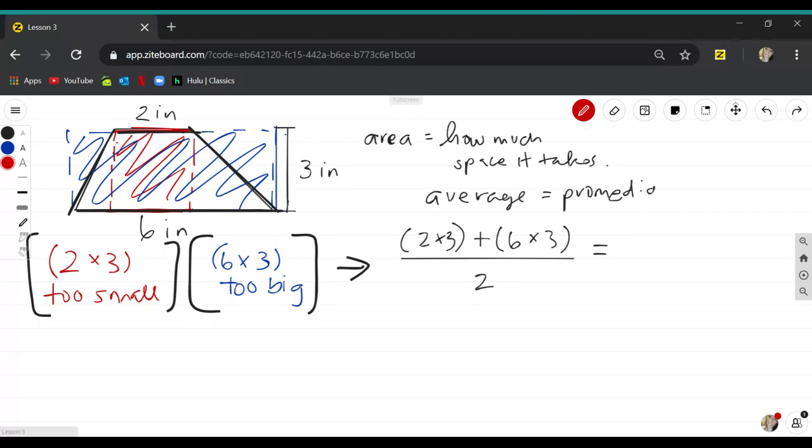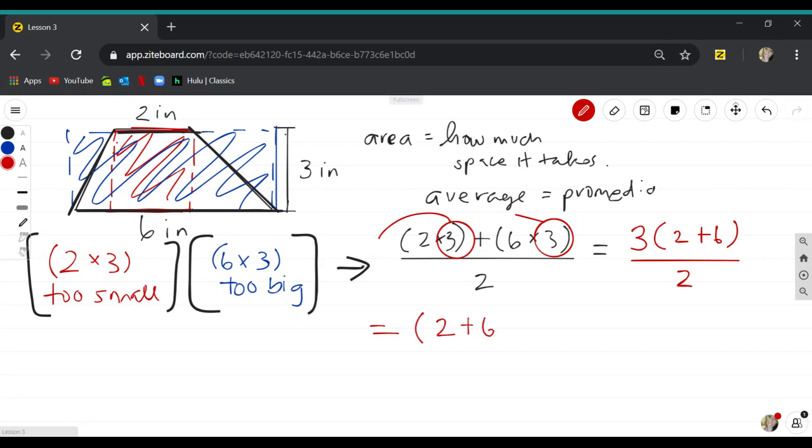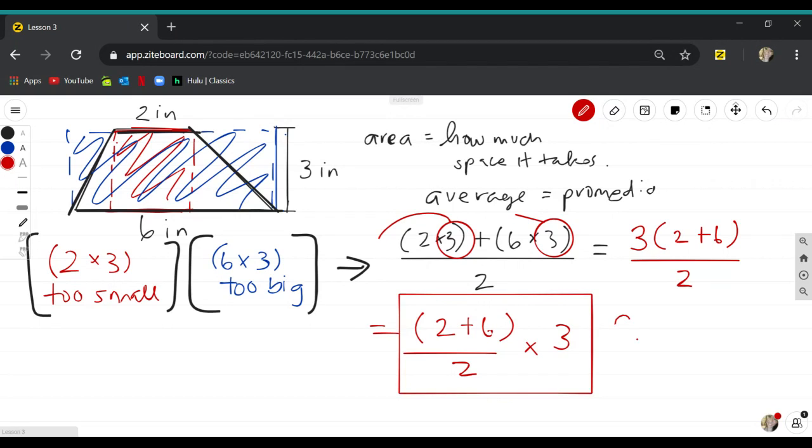This would be 3 times 2 plus 6 over 2. Well, then that means it's 2 plus 6 over 2 times 3. And that right here is how you find the area of that trapezoid.